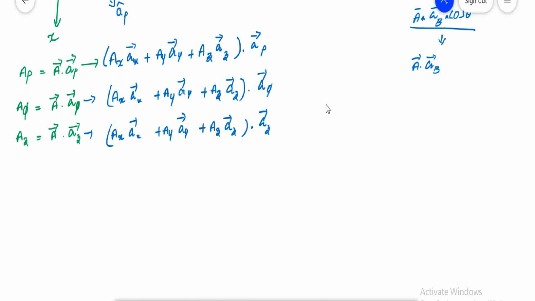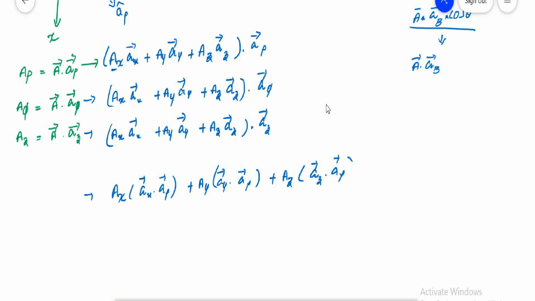so here you are going to get ax, which is a scalar value. So ax times the dot product between the two vectors, plus ay, a scalar, ay dot a rho, plus az dot a rho.